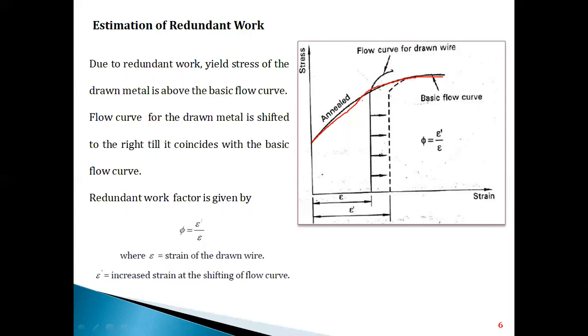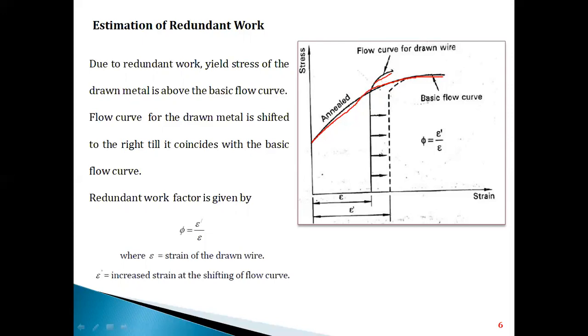Why does this happen? It relates to the strain ratios, as discussed. Due to redundant work, the yield stress of the drawn metal, which you see here, is above the basic flow curve.